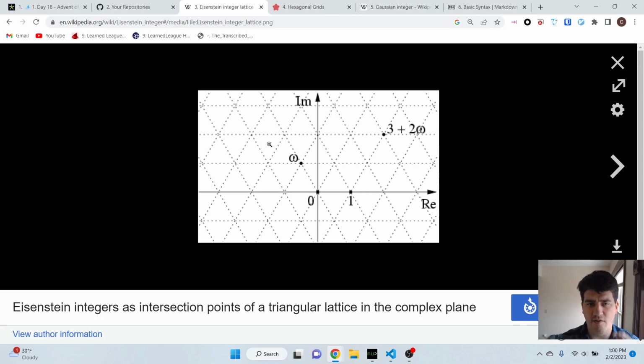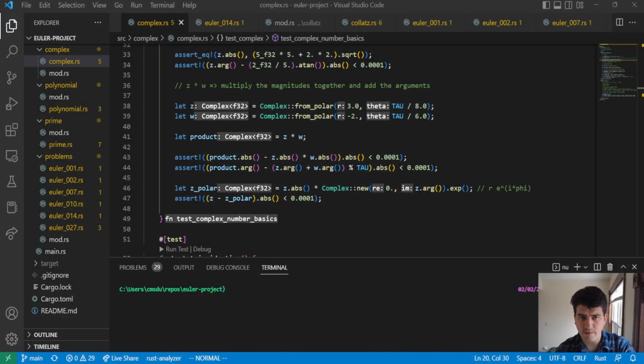Because I could have a map that turned Eisenstein integers into Gaussian integers by skewing all of these lines. There's some matrix that probably does it. Okay, so there shouldn't be any ambiguity there. So this should be fine.